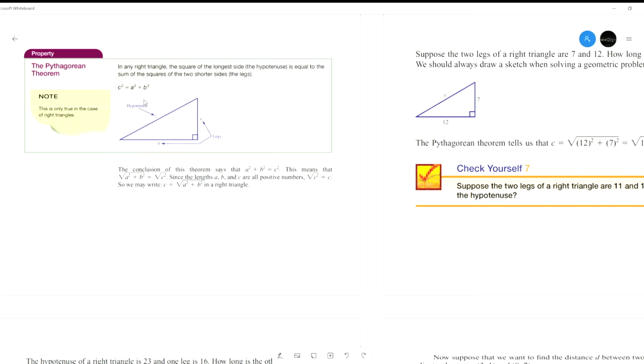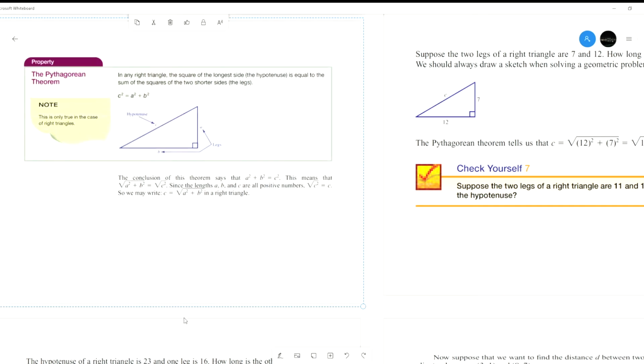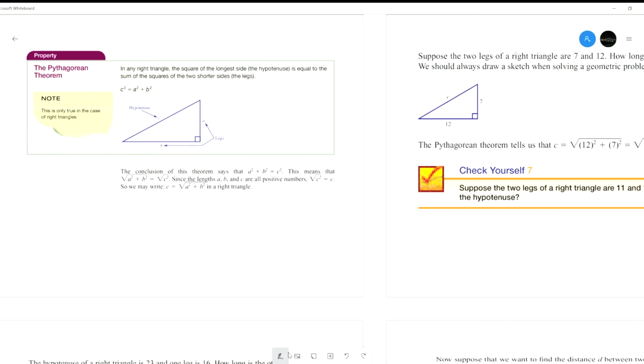So a squared plus b squared equals c squared. To find c, you would have to square root both sides, right? So we have a squared plus b squared is equal to c squared, and to find c, we square root both sides, right?